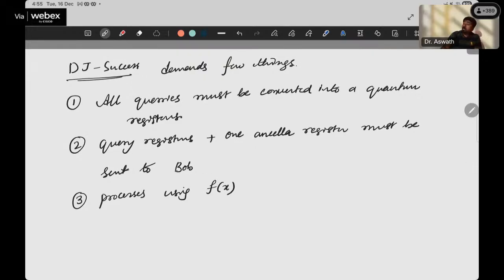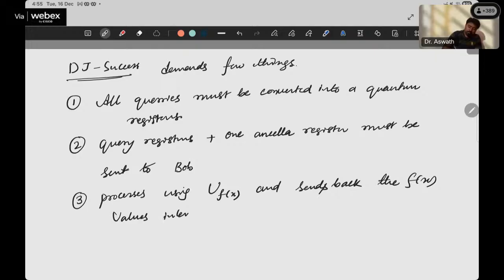It is quantum information, so instead of using f of x directly, he comes up with a unitary gate function and sends the f of x values, in terms of qubits, back to Alice.